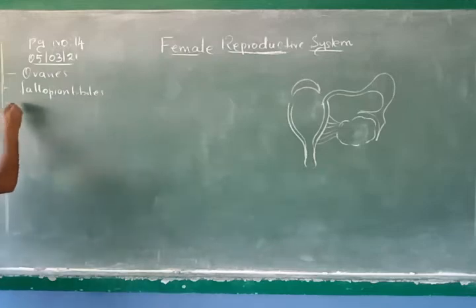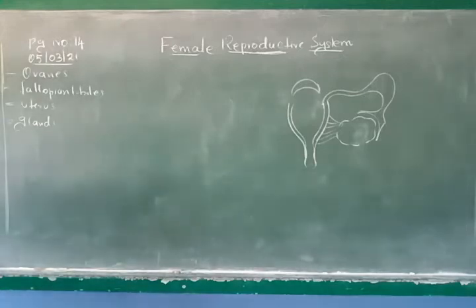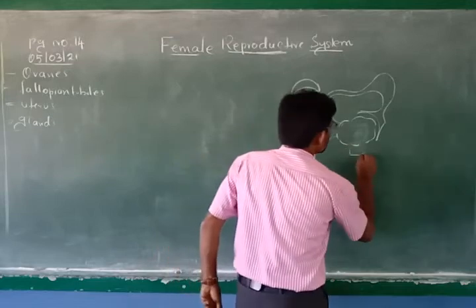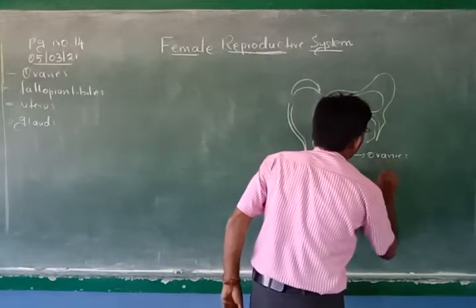And the third one is the uterus. Along with that, we are going to study some glands situated inside the female reproductive system. Now, the ovaries are the primary sex organ in females.